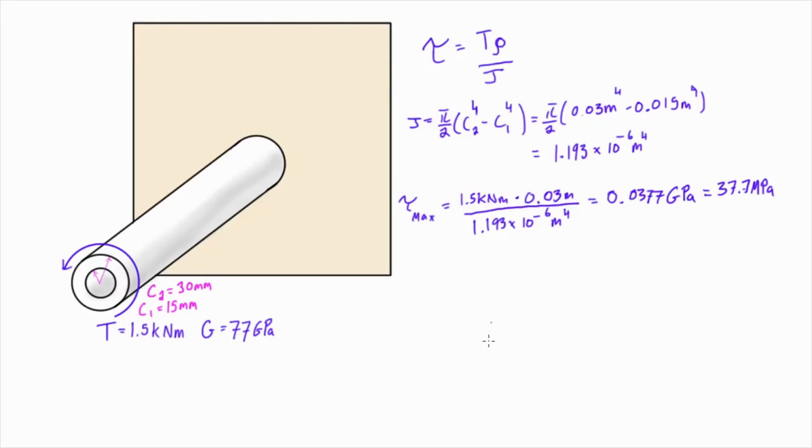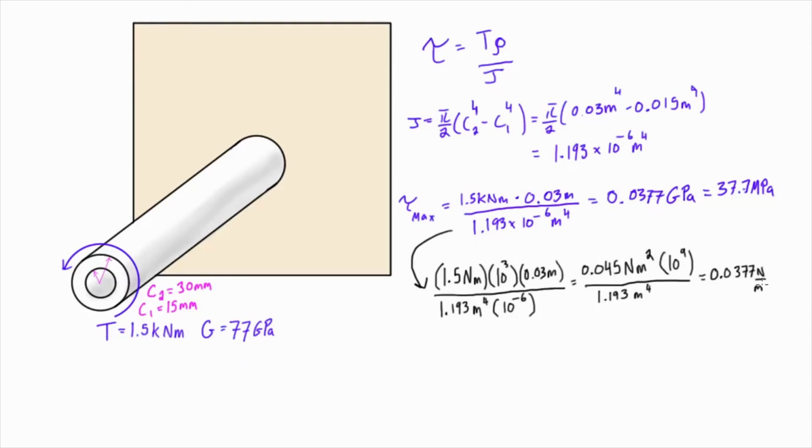Now, if you're not comfortable making the jump from these units to gigapascals, or you can't remember why that works, this is all the units, and this is how we get to 0.0377 gigapascals.